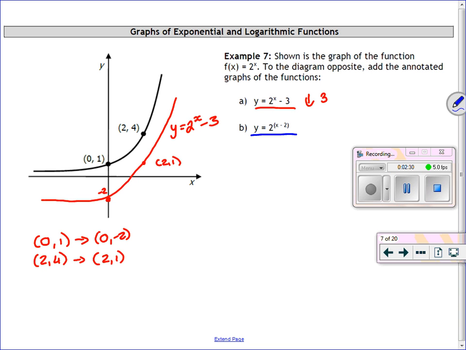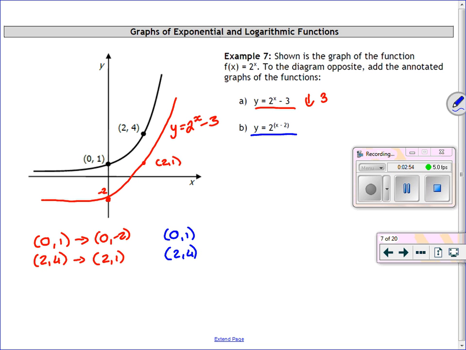Now let's go back to the original black graph, and we'll sketch the graph of 2 to the power of, in brackets, x minus 2. So our coordinates are, again, 0, 1 and 2, 4. What we notice here is that we have a minus 2 inside the bracket. So remember our rules of transforming graphs.